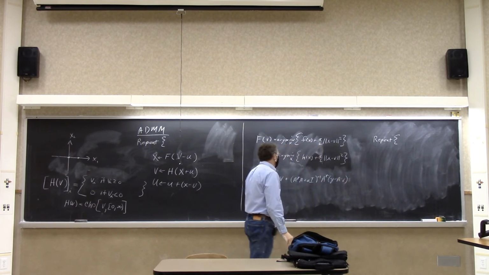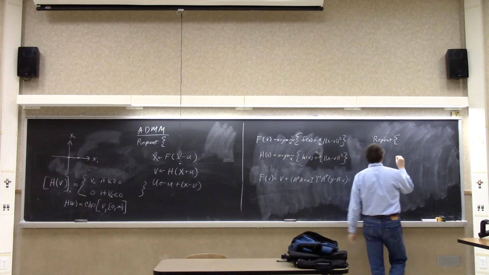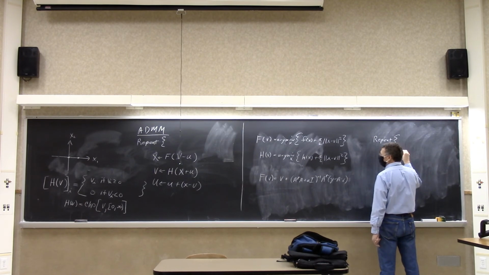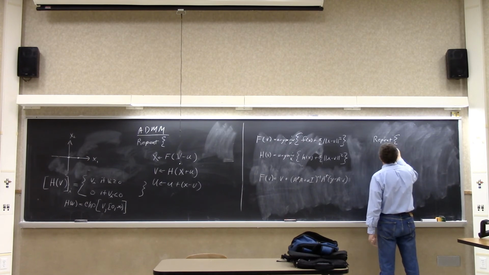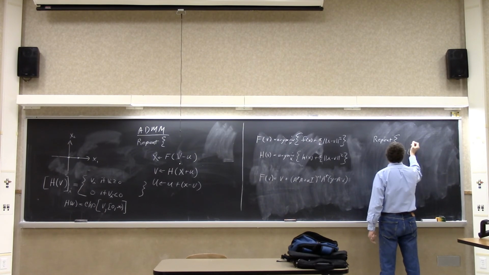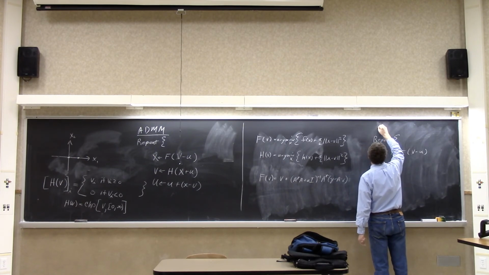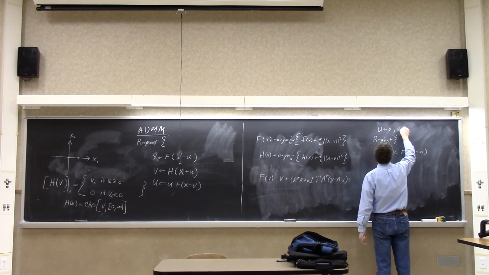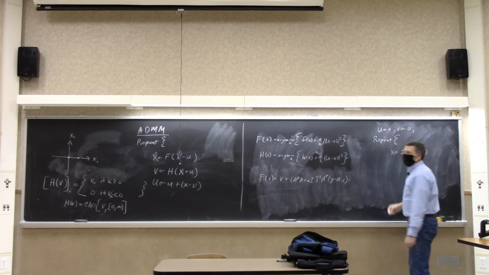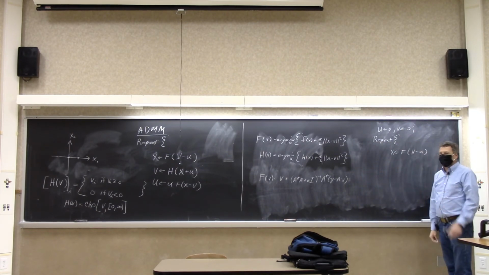I'm not even going to write that because it's too complicated. I'm just going to write that x goes to f of v minus u. We initialize it with, without loss of generality, u equal to 0 and v equal to 0. It doesn't have to be 0, but let's just take it to be that, okay?